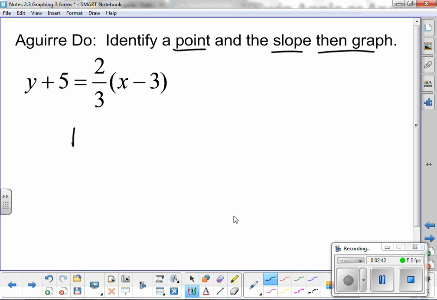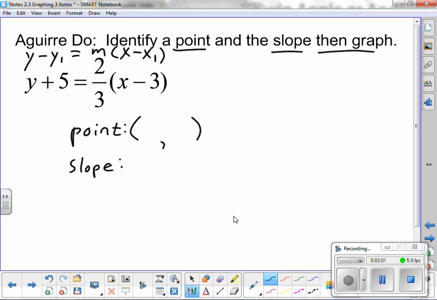So identify a point, slope, then graph. So we're going to find a point, and we're going to find the slope. So if we think about this, this is y minus y1 equals m times x minus x1. All right, so we said the point is x1, y1.